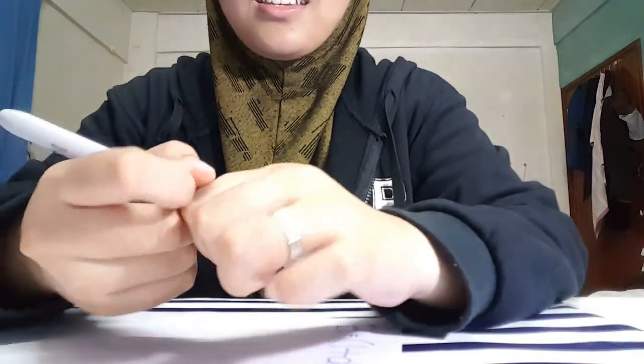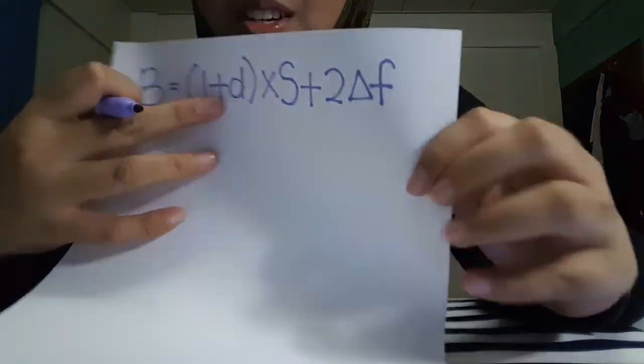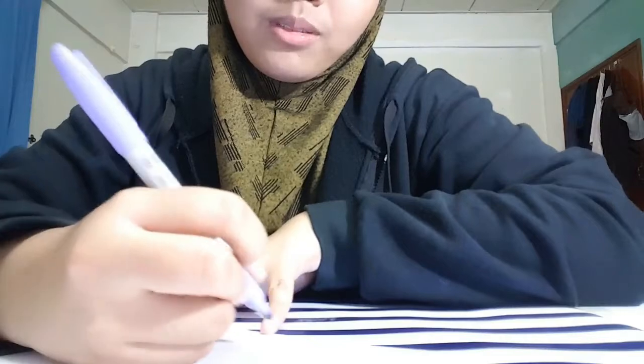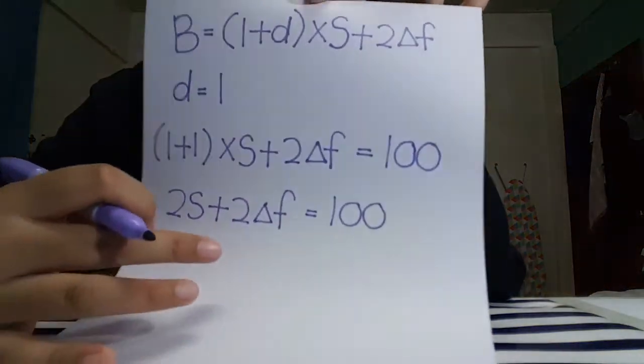So we want to select this one. The T just now, we assume it is 1. So we take the formula, which is equal to 100. So 2s plus 2 is equal to 100. So we get like this.